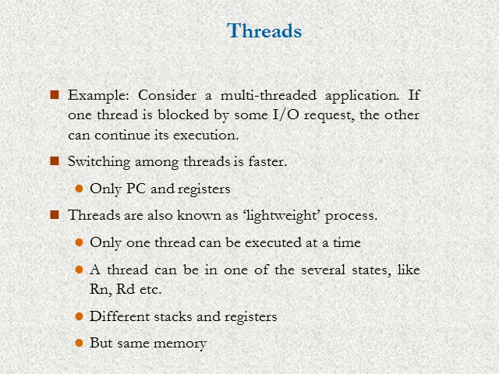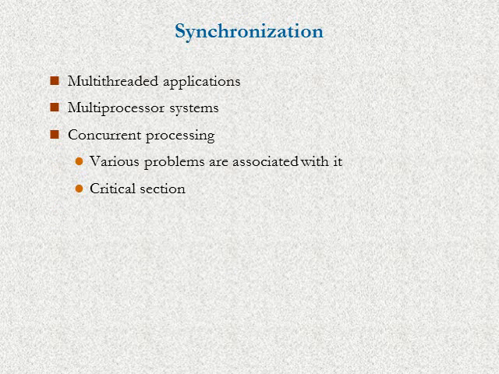So there are a lot of positive characteristics that are associated with threads, and that is why now we are moving more towards multi-threaded applications. When we have multi-threaded applications, we have several issues that we have to face, and various challenges that we have to answer before we can have a successful system.